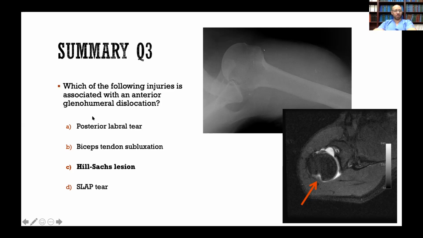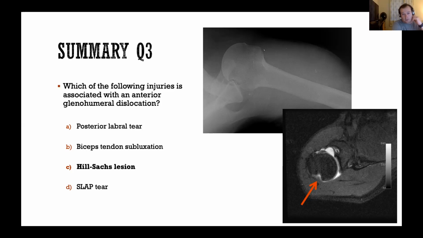Do you want to just go through what you would see in a posterior labral tear, and what's a common type of injury or scenario that you would get that in? Yeah, so posterior labral tear, in terms of board questions and what people are going to ask you, is generally someone who has repetitive stress put on the posterior labrum. That's athletes who frequently bench press, which puts a lot of stress on the posterior aspect of the humerus or the glenoid, as well as someone like a football lineman.